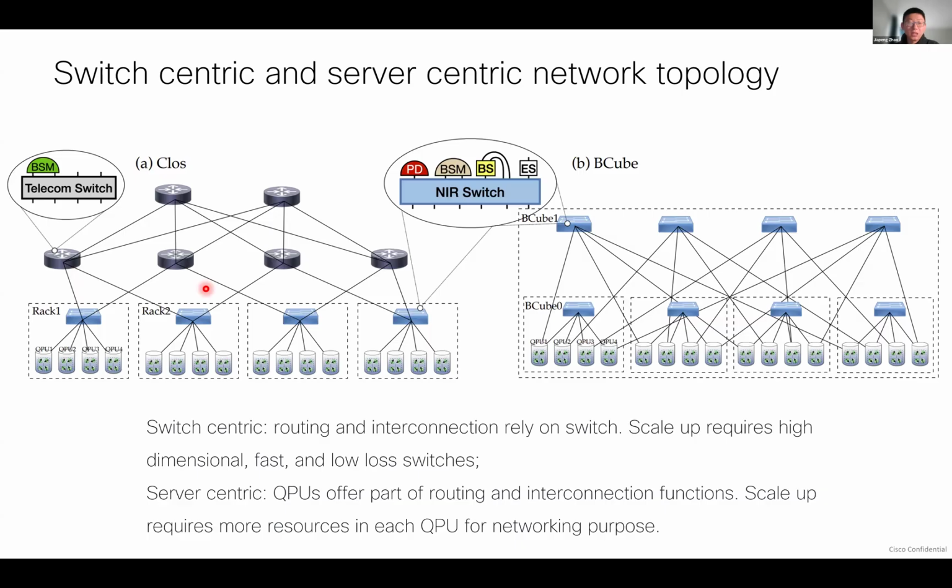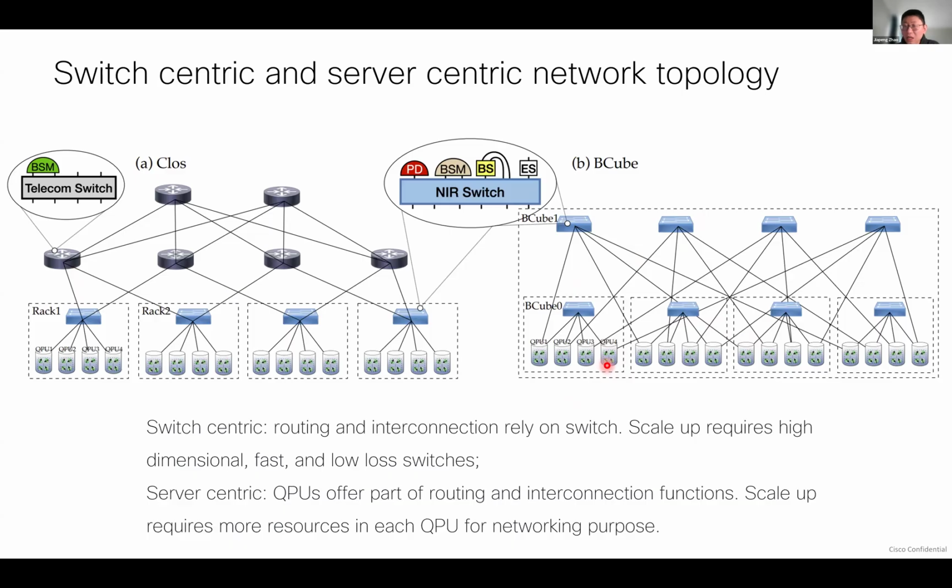As a comparison, the second possible topology is called server-centric. On the right-hand side, this is a BCube topology, which is also a good example of the server-centric solution. In this case, compared to the switch-centric, our QPUs will also provide the routing and interconnection functions.